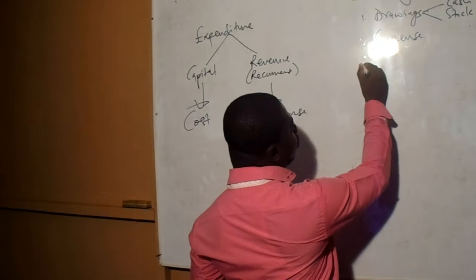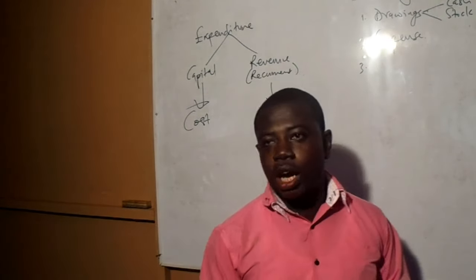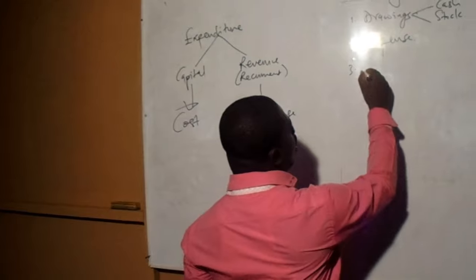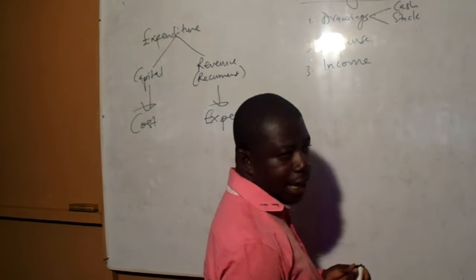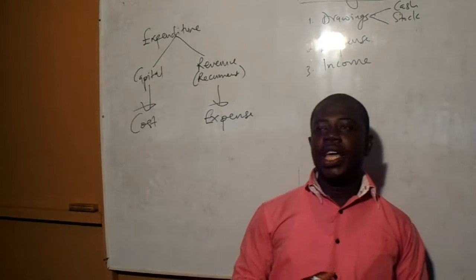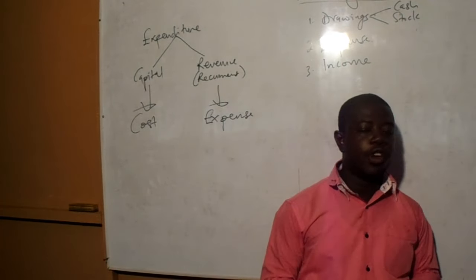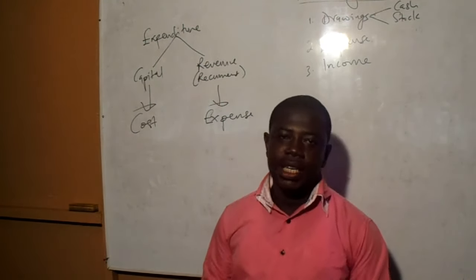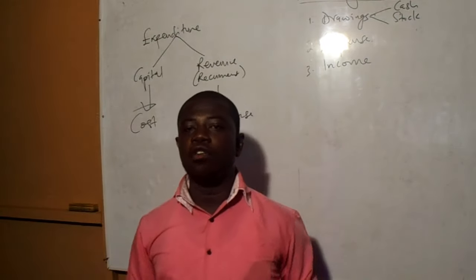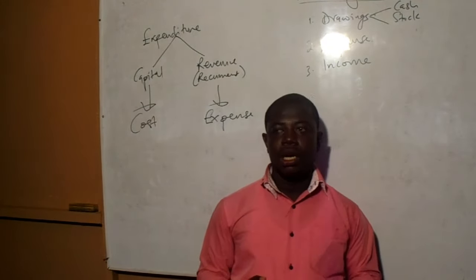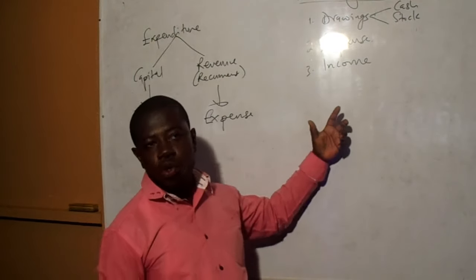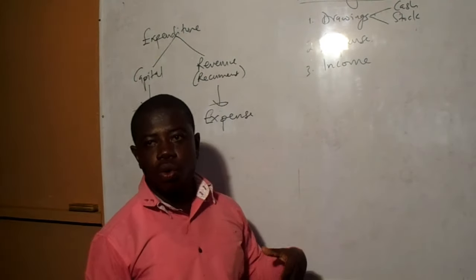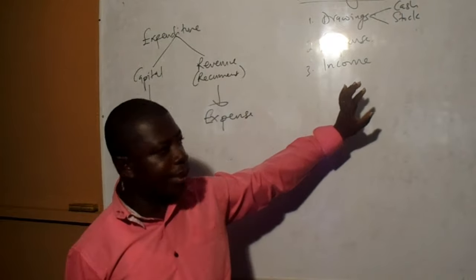All right. Then we can also talk about income. Now, income usually refers to the proceeds that we obtain from the sale of goods and the provision of services. And so that is basically what income is about.